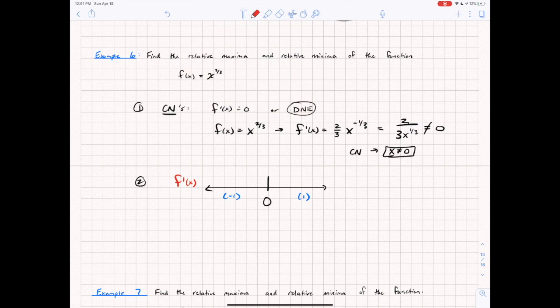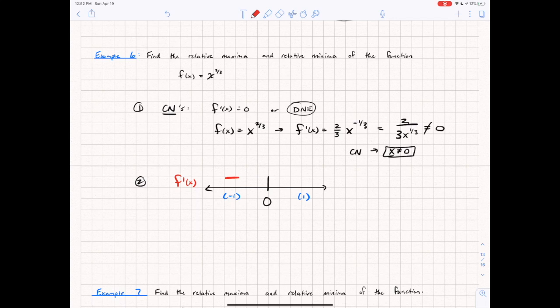And you can use a calculator or just talk about it in words. If I was to plug -1 into this, this 1/3 means a cube root. It means it's going to keep the negative sign. And that means this overall is just going to be negative. You would see in a calculator, -2/3 would be your final answer. So like -0.66666.